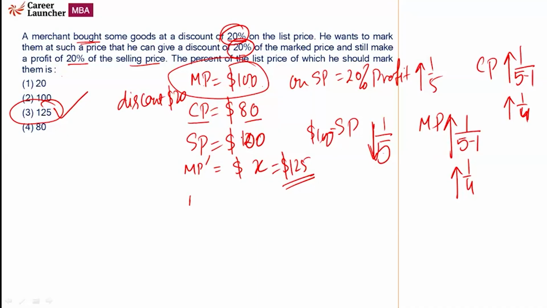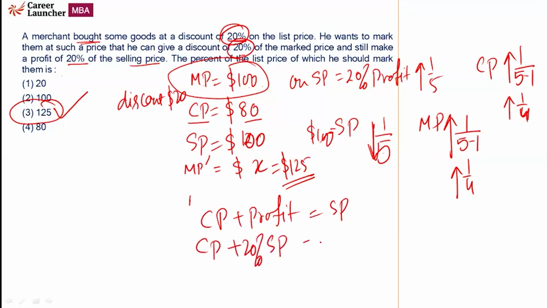आपने कहा I don't know what is the selling price, but over selling price I am making profit of 20%. तो आप ऐसे भी कर सकते थे जिन्होंने नहीं पढ़ा. Cost price plus profit is equal to selling price, and this profit is equal to 20% of selling price.